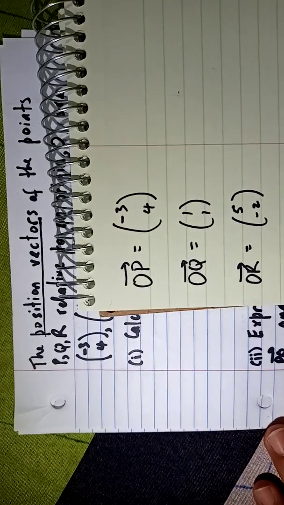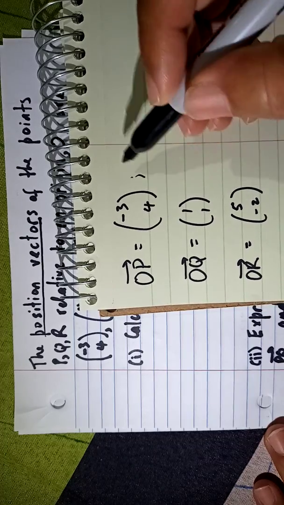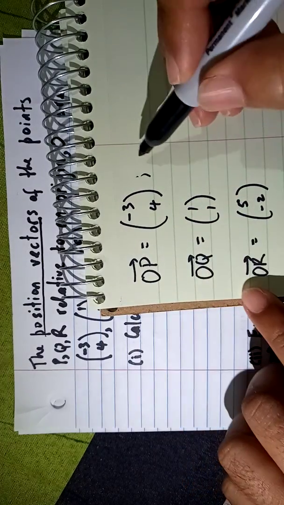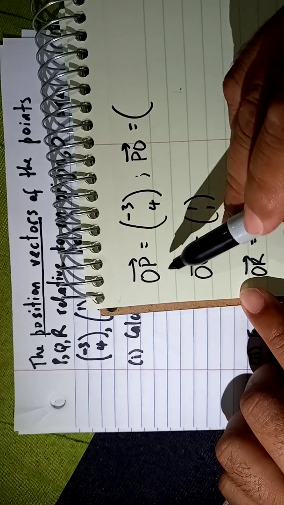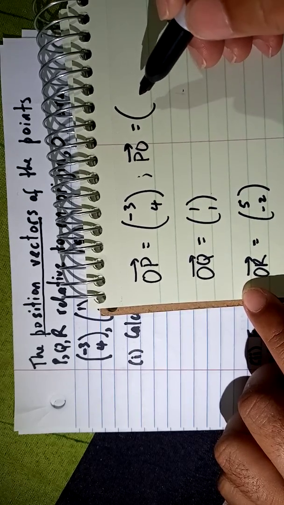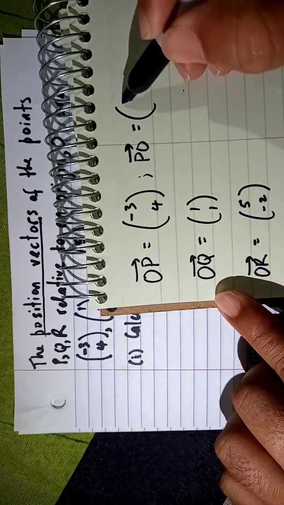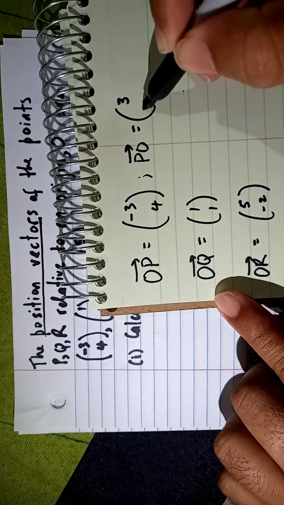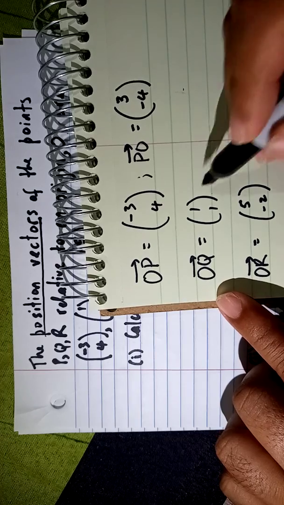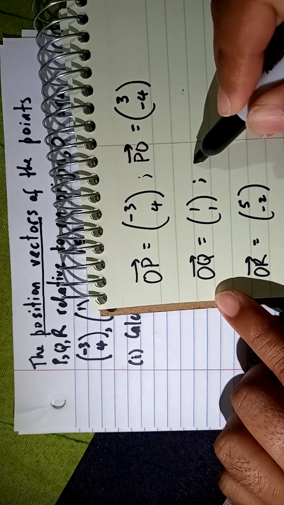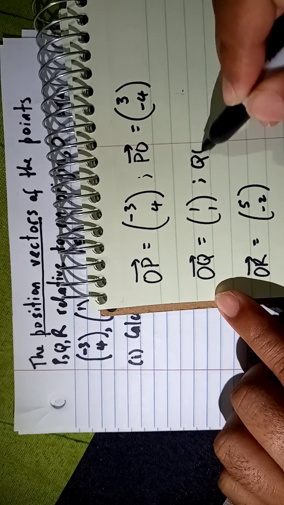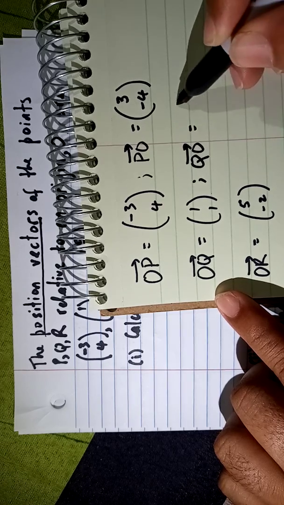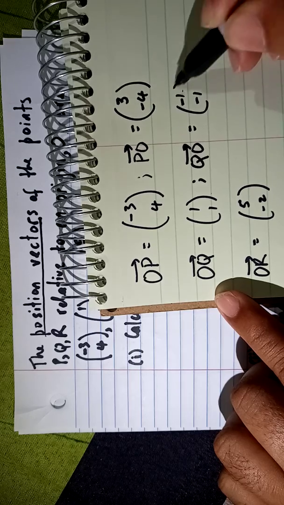Now it's worth noting that PO would be the inverse of vector OP, and the inverse of vector OP is 3 and -4. Likewise, the inverse of OQ is QO, that's -1, -1.